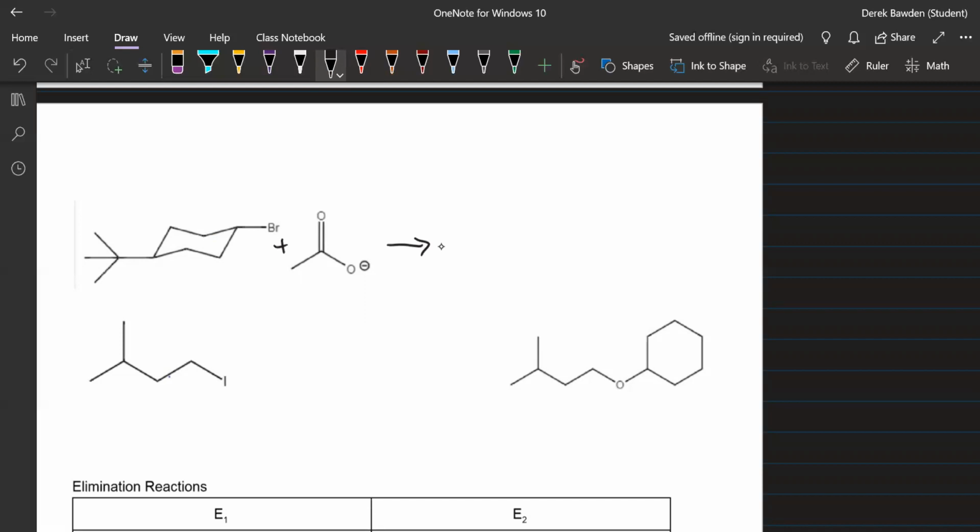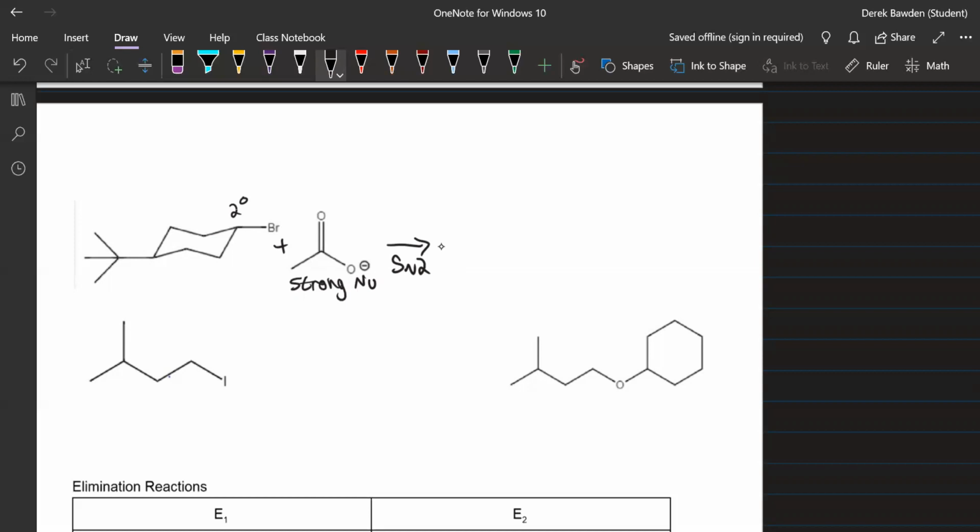Anytime you see a charge, it's going to be a strong nucleophile. Tanner, jumping a little ahead. It is SN2, because we have a strong nucleophile. And this is a 2-degree alkyl halide, so that could be SN1 or SN2. No, you're good, Tanner. So that is SN2. We have a strong nucleophile with a 2-degree alkyl halide.